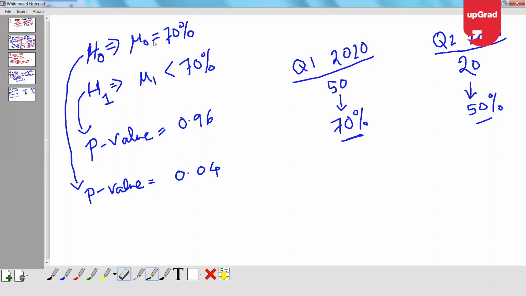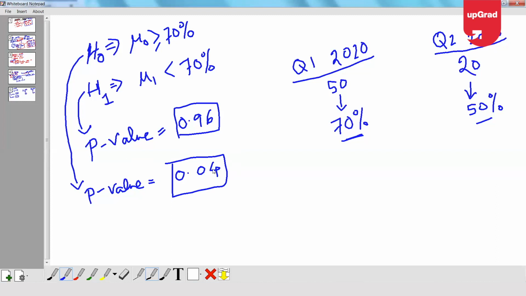And just to make things logically good, it has to be a binary condition. Either it's less than 70 or greater or equal to 70, right? Though technically we can see that here the greater part doesn't really matter. So if I have got a p-value of 0.04 for my null hypothesis, then my p-value for alternate hypothesis will be 0.96. Now what does this signify?